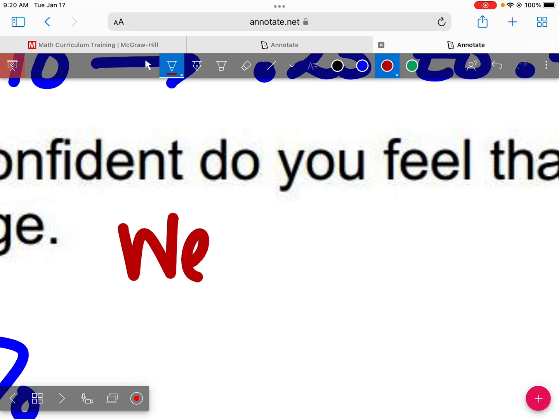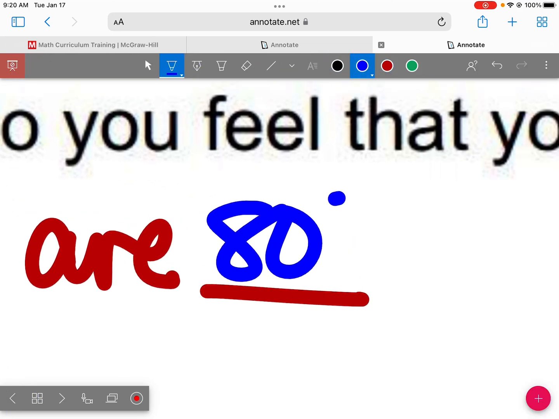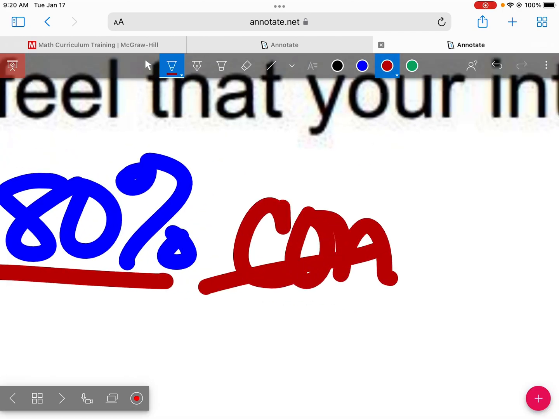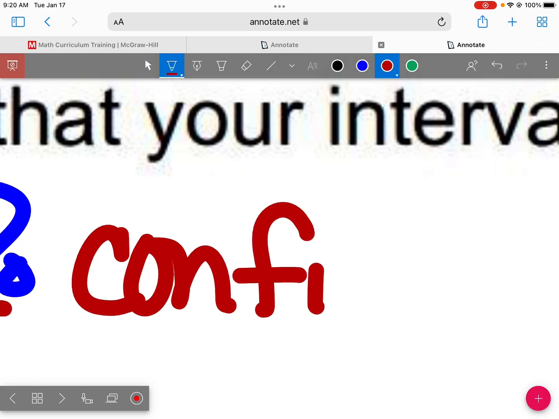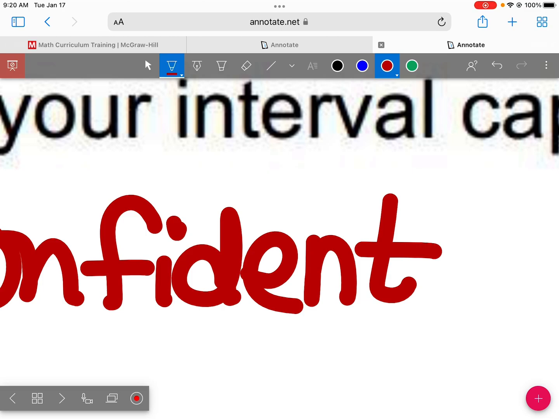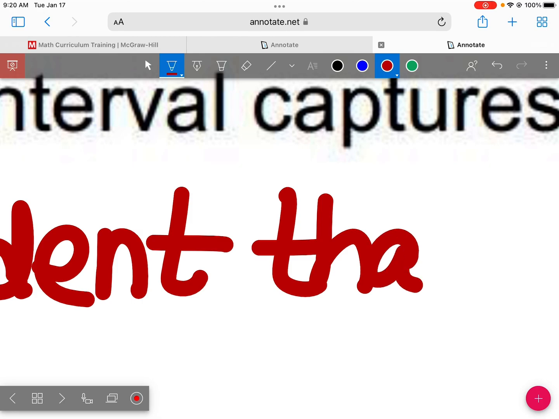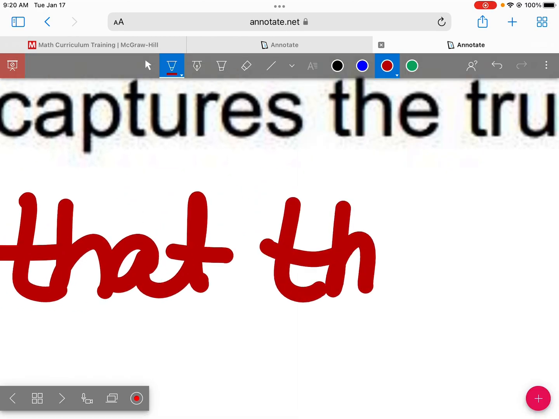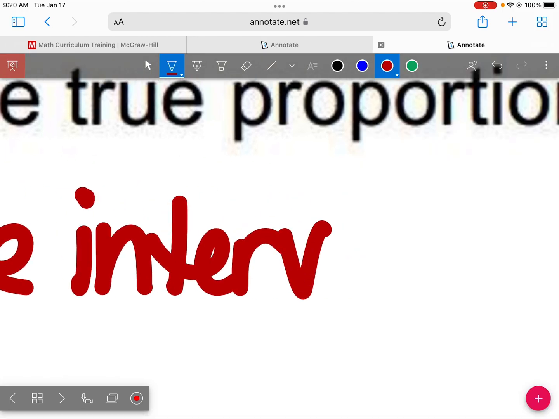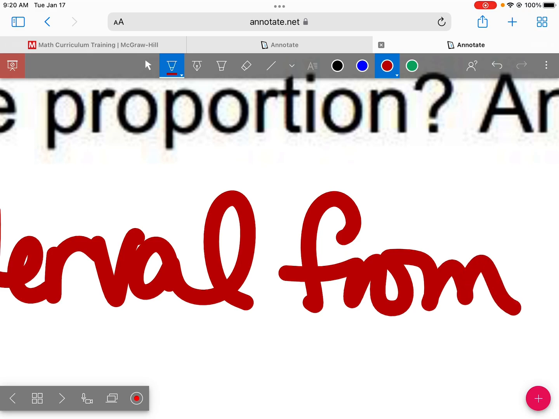We're going to say, we are, in this case, 80% confident that the interval from, and then you need your interval.